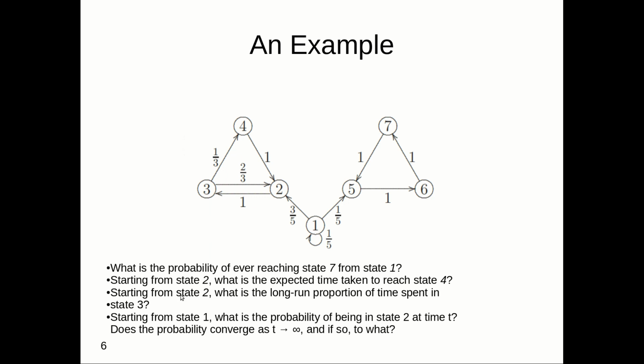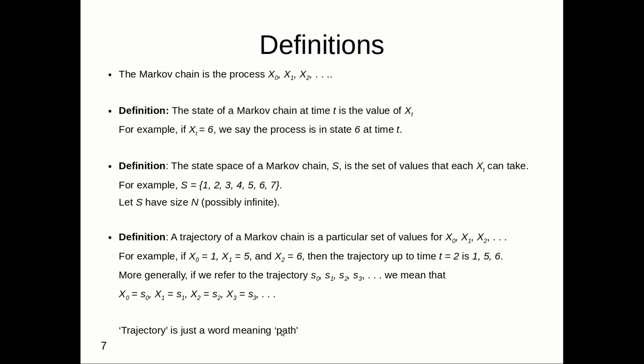Or, starting from state 2, what is the long run proportion of time spent in state 3? And starting from state 1, what is the probability of being in state 2 at time t? Also, does the probability converge as t, the number of time steps, goes to infinity? And if so, to what does it converge?